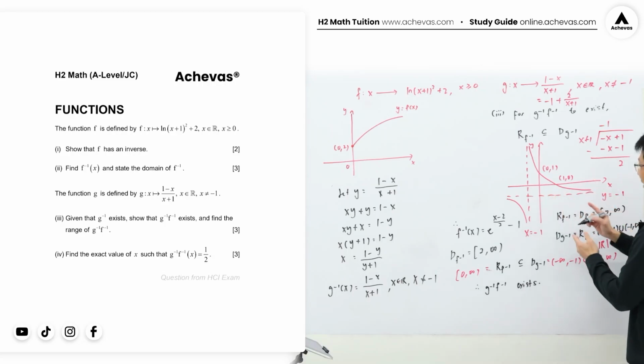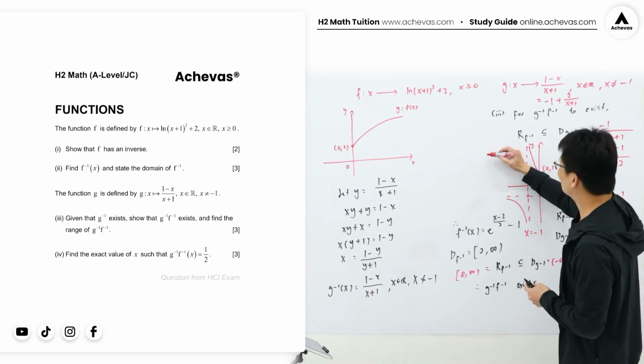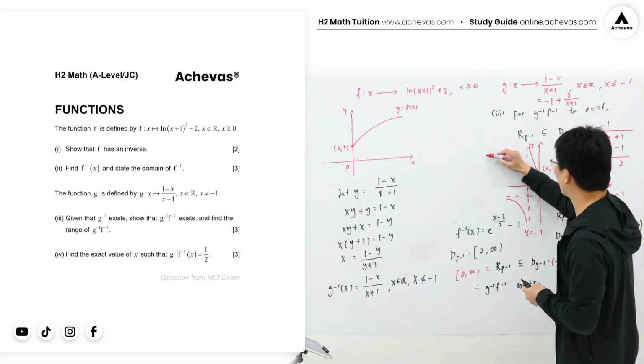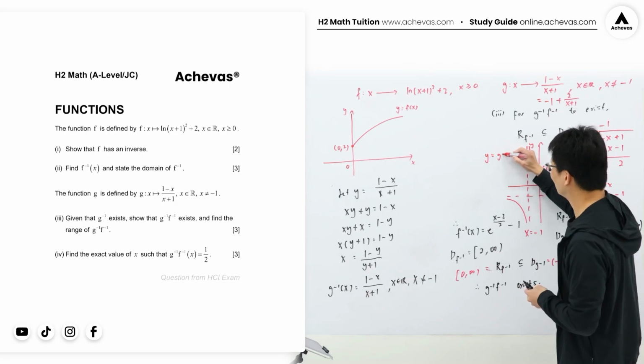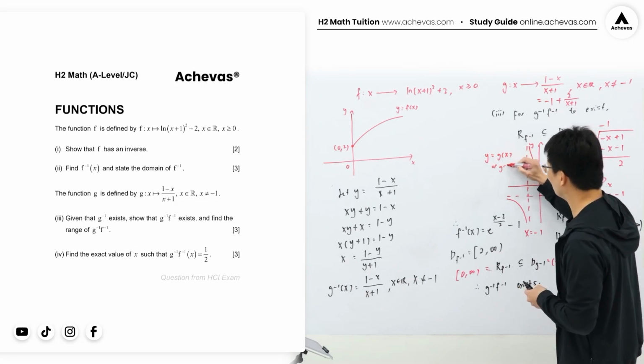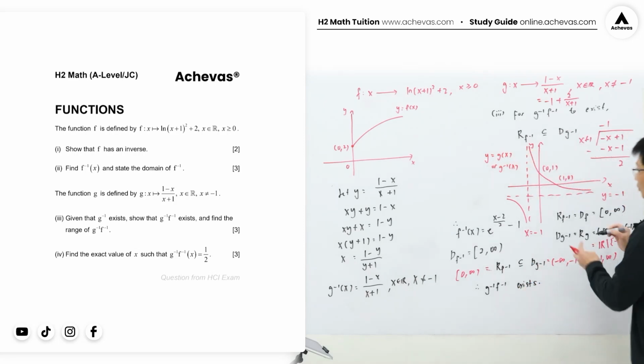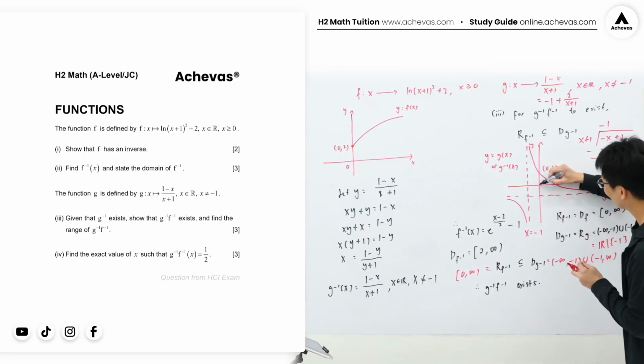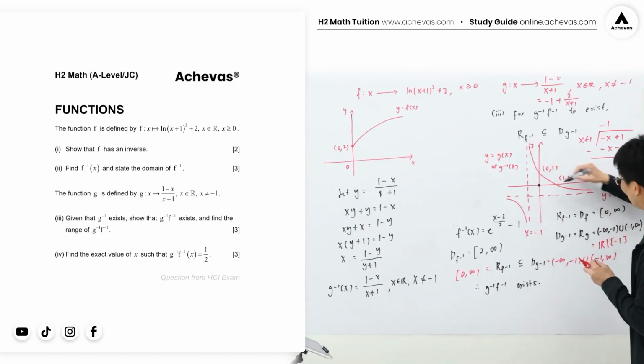Because this one can be either the G inverse graph or my G graph. So I can write something like this, or G inverse graph. So now, assuming that this is a G inverse graph, I'm going to paste this here, which is from 0 all the way to infinity. And we can see that the output that it produces will be from this point all the way down.